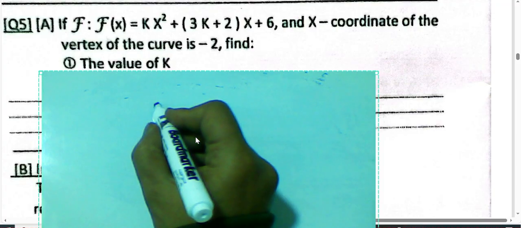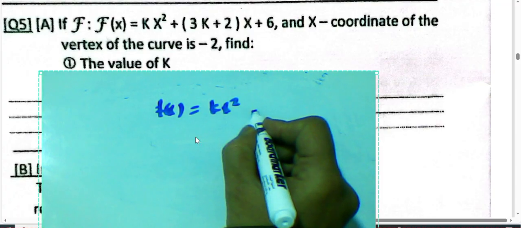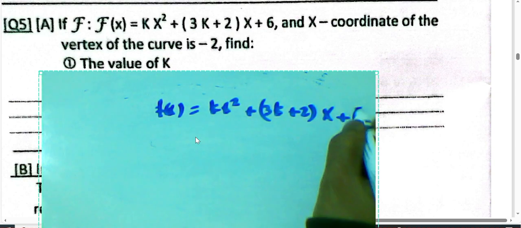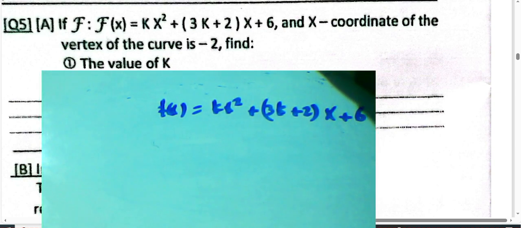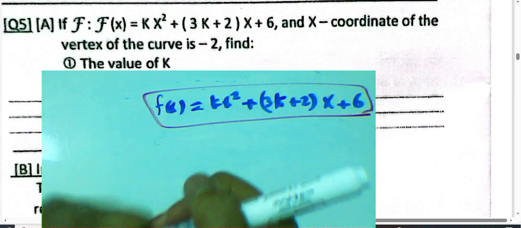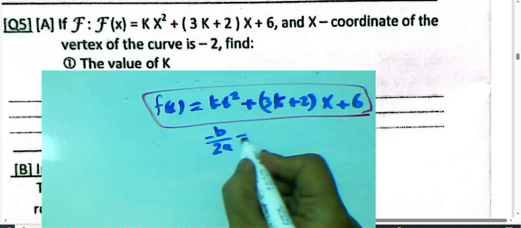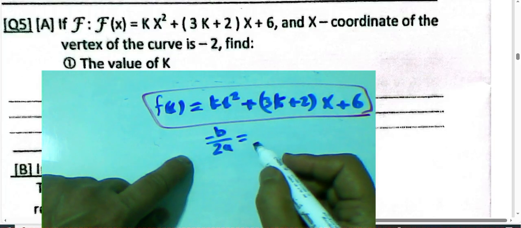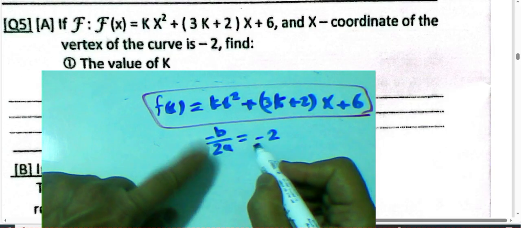We have f of x equals k x power 2 plus 3k plus 2, times x, plus 6. The coefficient of x power 2 equals k here. You know the vertex of any curve has x coordinate negative b over 2a. He gives me that the x coordinate of the vertex of the curve is -2, then negative b over 2a equals -2. He gave me this information.